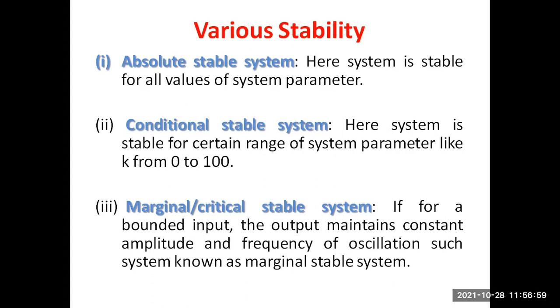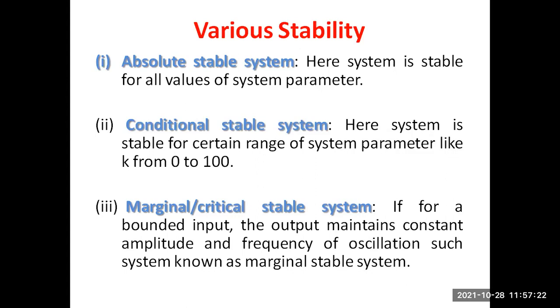Absolute stable system means, see, any system when you are using, we need to understand that it depends on the system parameter. So obviously the input and output always depend on the system parameter. System parameter means the parameters which are governing the system output. Those parameters are very, very important.